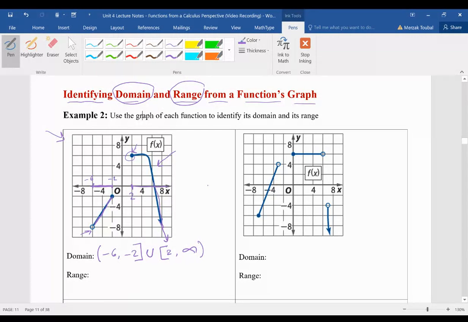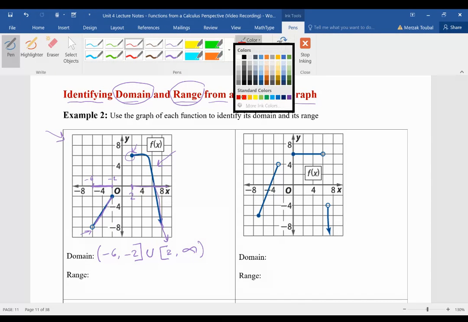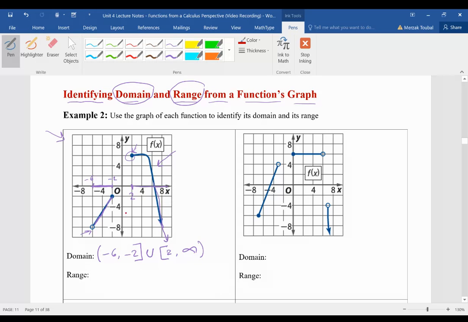Now, in regards to the range, it would include all the y values on the graph. So now we have to look at the y-axis and look at the graph and see which y values are included.